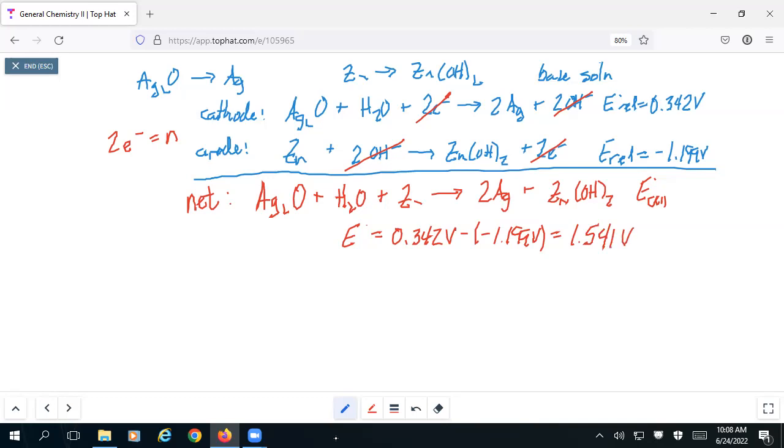If you chose to add the two equations together and add the potentials, you just had to remember that since we flipped this around, we would need to flip the value around as well, before we added them. So that gave us our standard reduction, or excuse me, our standard cell potential.